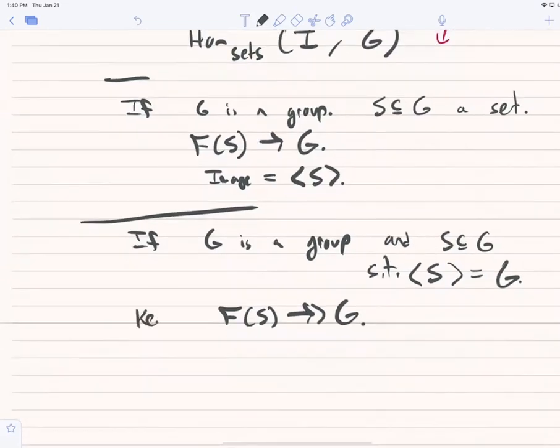You take the kernel of this. Let me call this surjection pi. So you get G is equal to the free group on S modulo the kernel of pi.